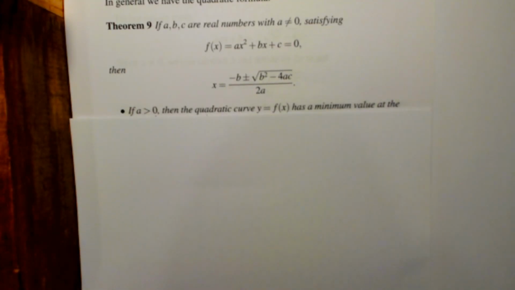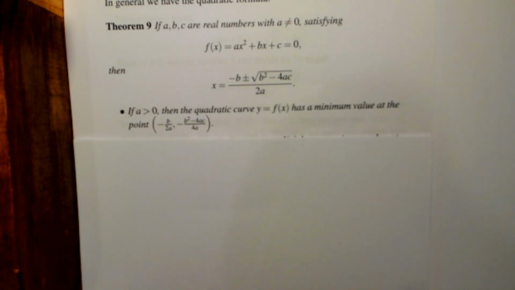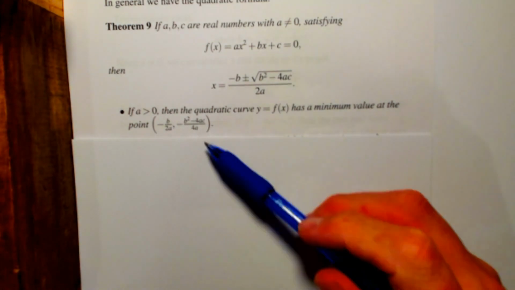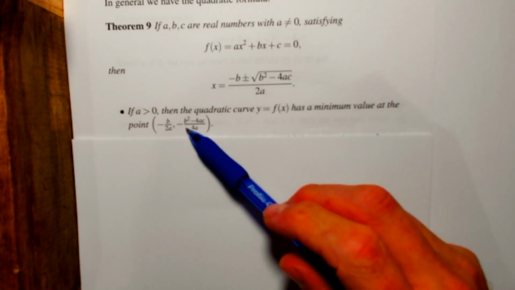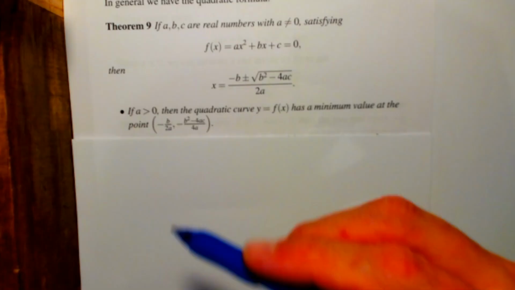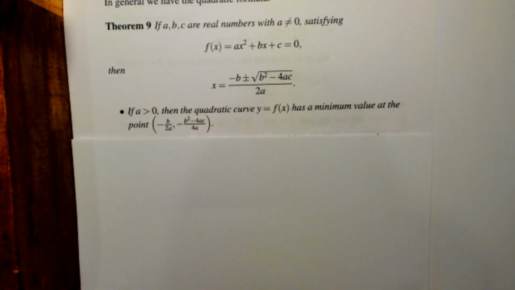But let's have a look at some special cases. If a is positive, then the quadratic curve has a minimum value at the point minus b on 2a, comma, minus, in brackets, so brackets around that if you like to avoid confusion with the minus sign, b squared minus 4ac over 4a.